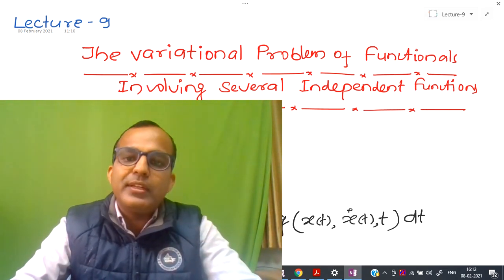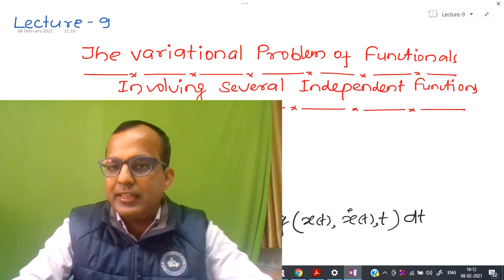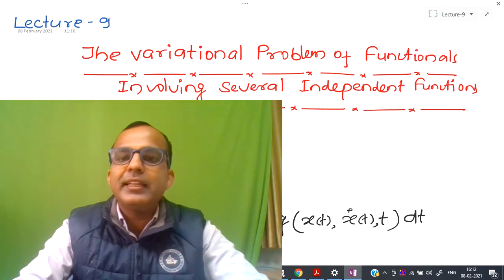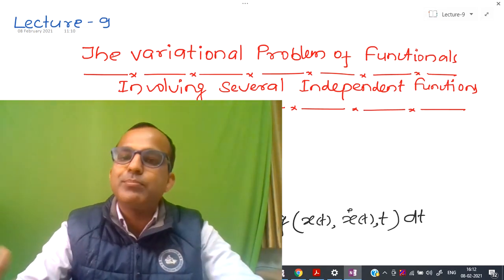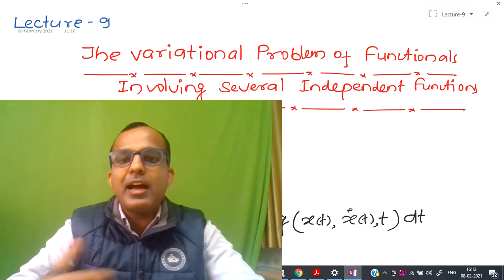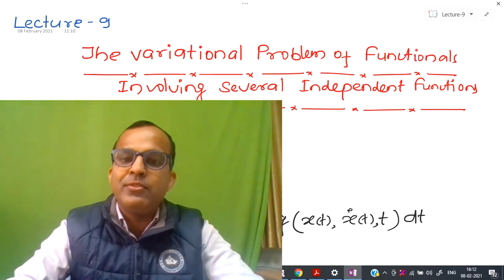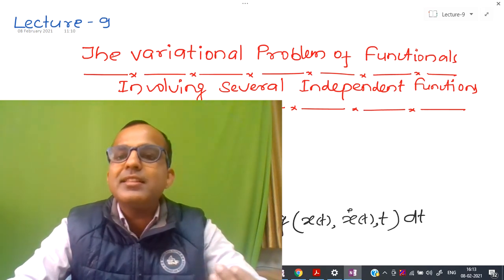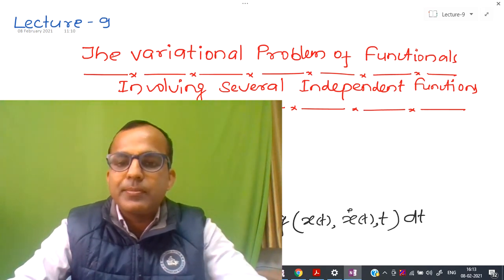If you see the example of the car that I gave in the first class, you might have seen that we have two independent variables, position and velocity, and the performance function we defined is a function of position as well as velocity.